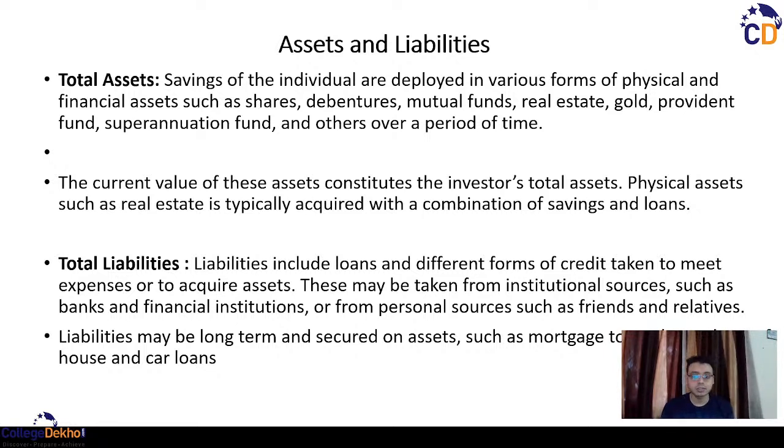These may be taken from institutional sources such as banks and financial institutions, or from personal sources such as friends and relatives. Now, liabilities may be long-term or short-term. Basically, total liabilities are something that you have taken on credit and you have to repay. So the amount that you are repaying is nothing but your liabilities.